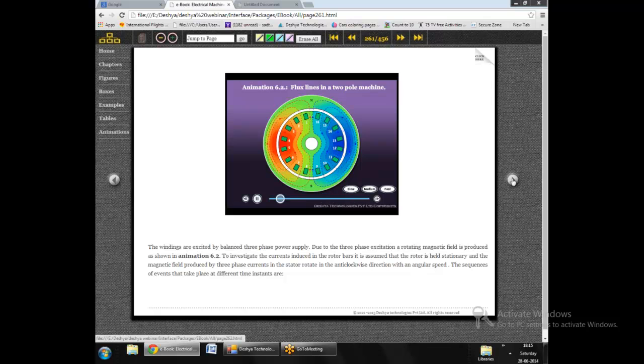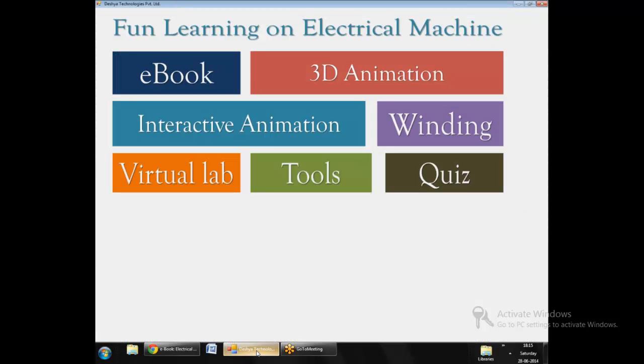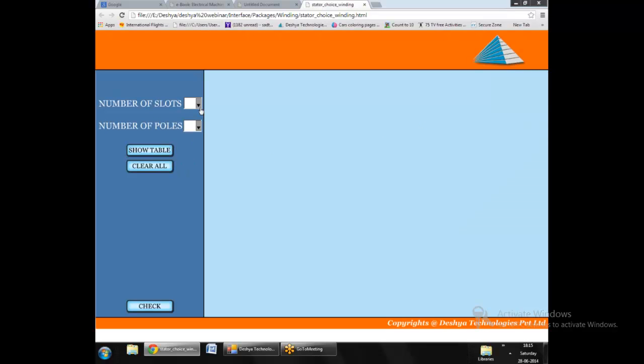Now windings is one topic which is very important and essential to understand, and this can be done easily with the help of an interactive animation which is known as winding over here. So here, for example, we will choose some number of slots.